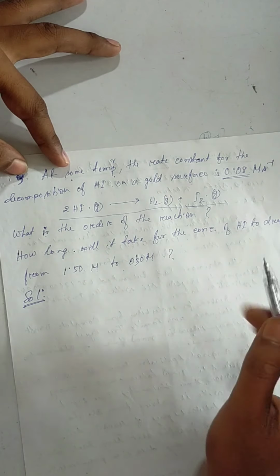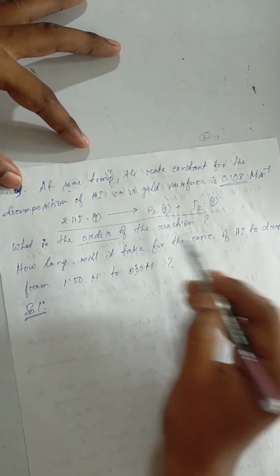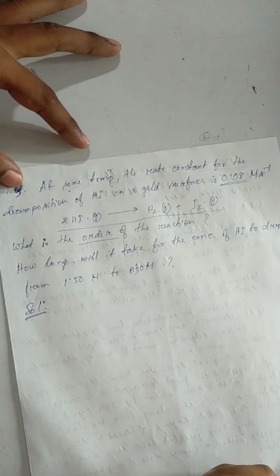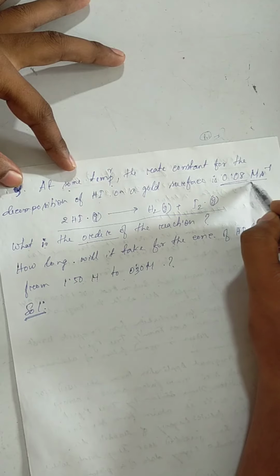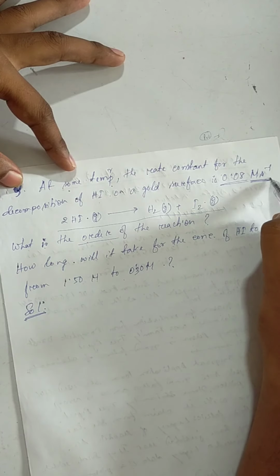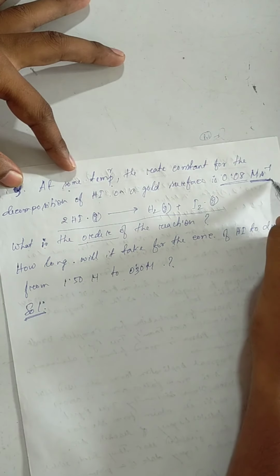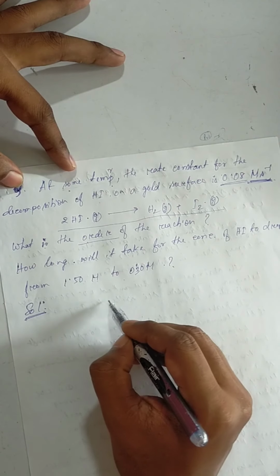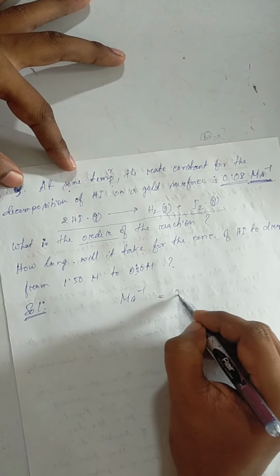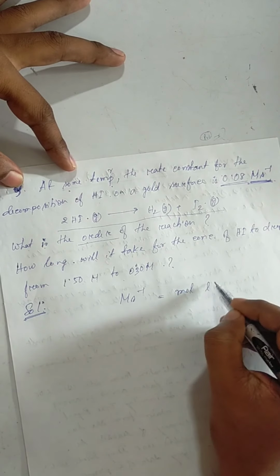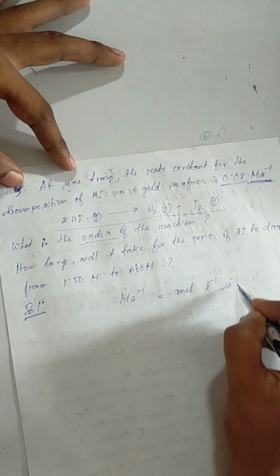First of all, in case of order, as I have already told you, if you see the unit of the rate constant, it is given. So the rate constant is molarity second inverse. So molarity means mole liter inverse second inverse.